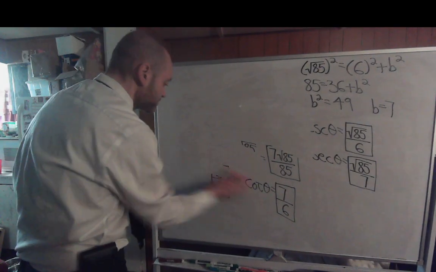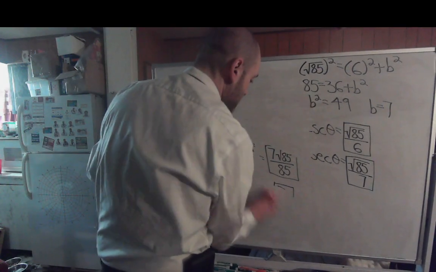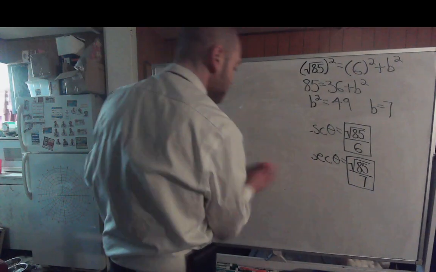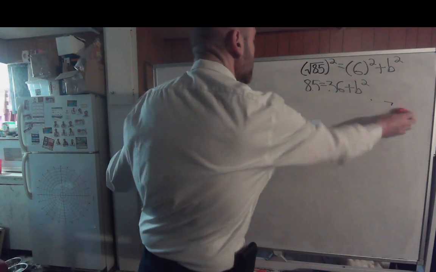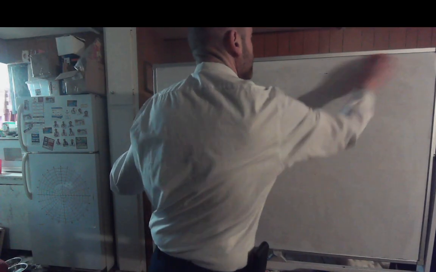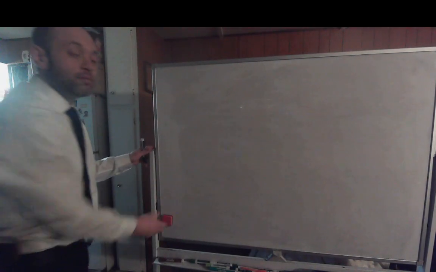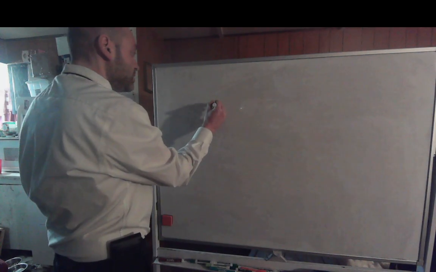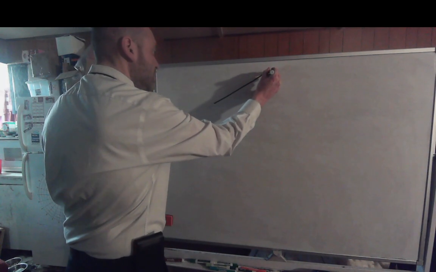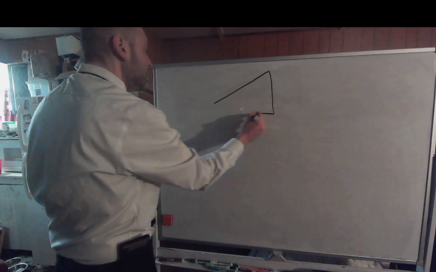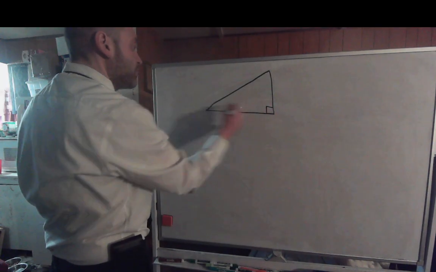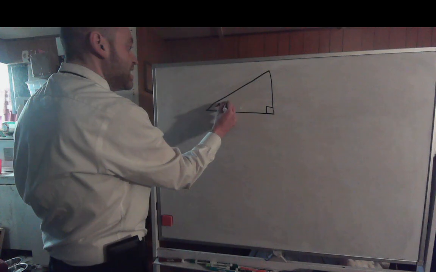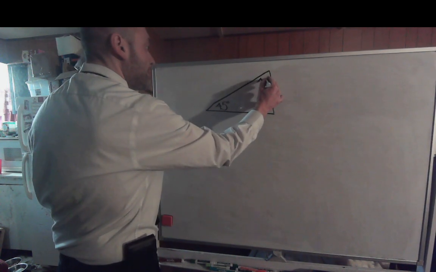Now, there are two special types of right triangles from geometry. And I remember in geometry and at the beginning of this course mentioning that they're going to come up all the time from here on out. The first one we have is our 45-45-90 right triangle.